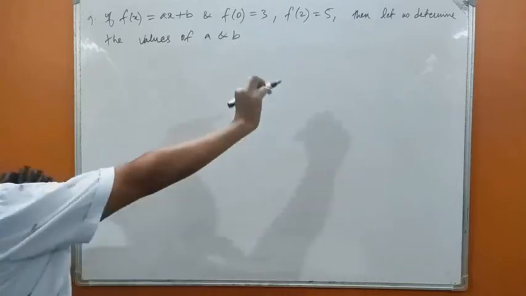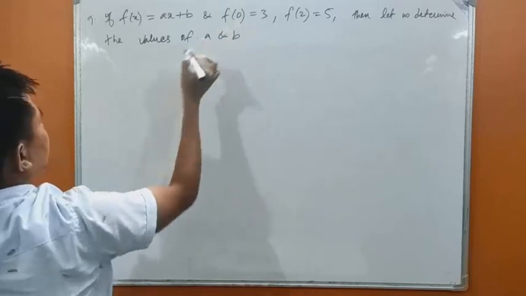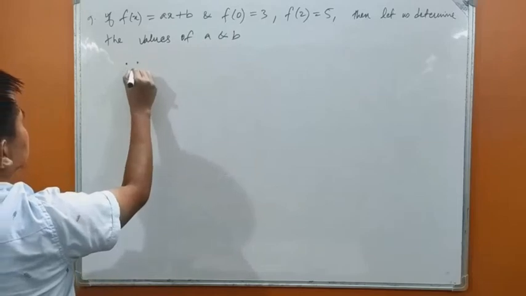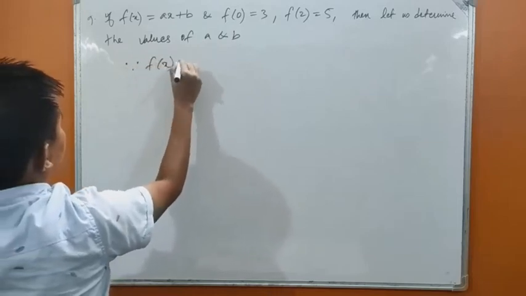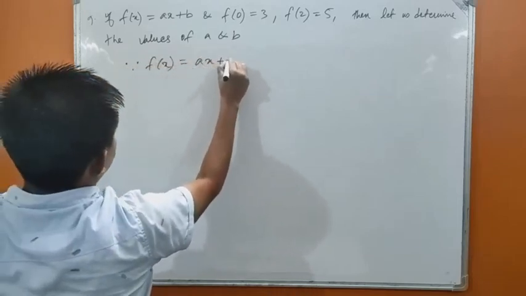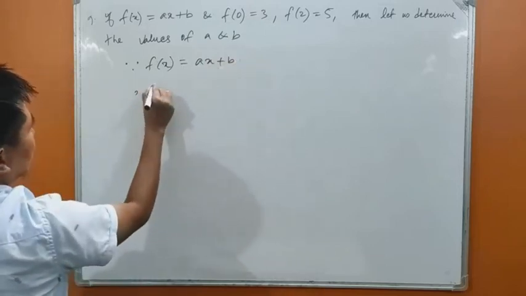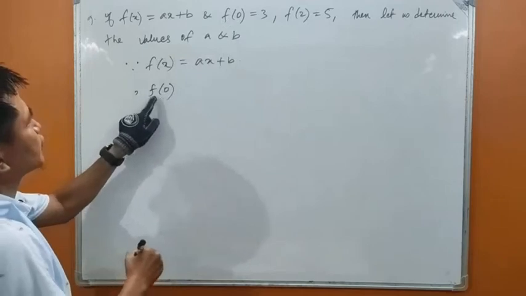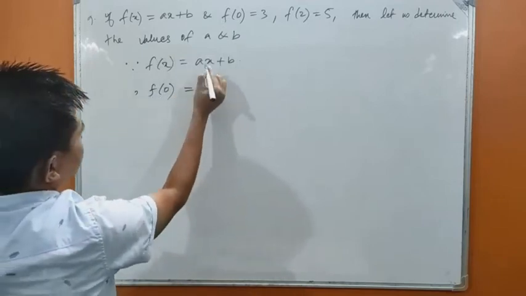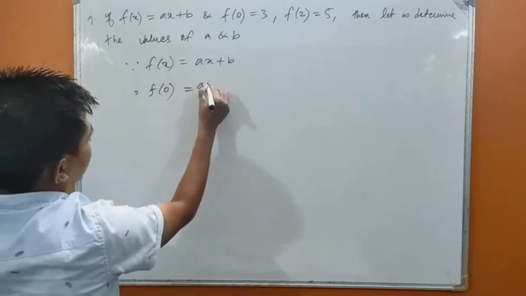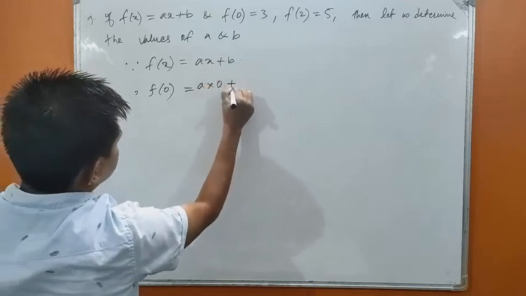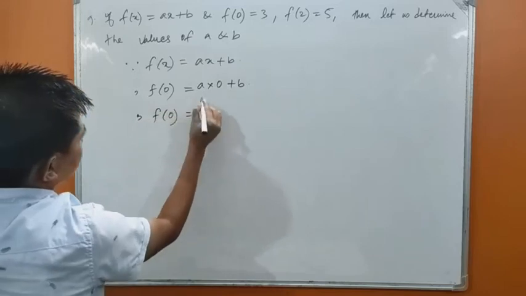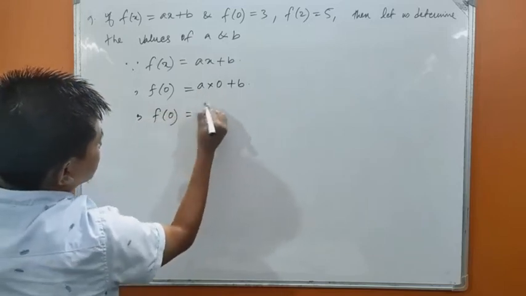Okay. Now let us find the value of f of 0. Since f of x equals ax plus b, we are finding the value of f of 0. f of 0 equals, instead of x we write 0, isn't it? a into 0 plus b, and a into 0 is 0, 0 plus b is b.